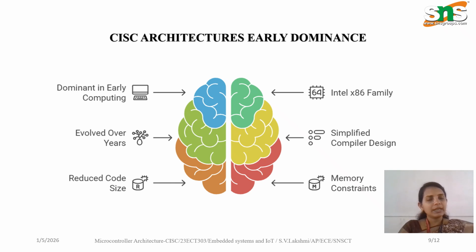The early Intel x86 family was the starting dominant CISC approach. Then over the years, the simplified compiler design, reduced code size and memory constraints, that is the advantages of RISC and CISC, have combined, and hybrid architectures have started evolving nowadays.